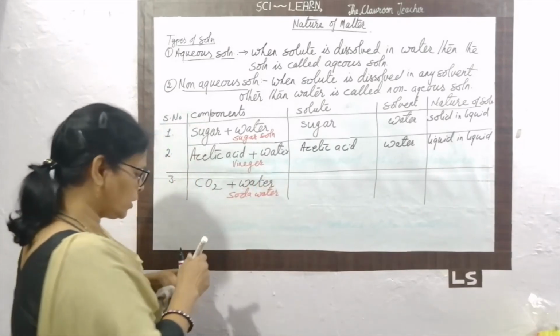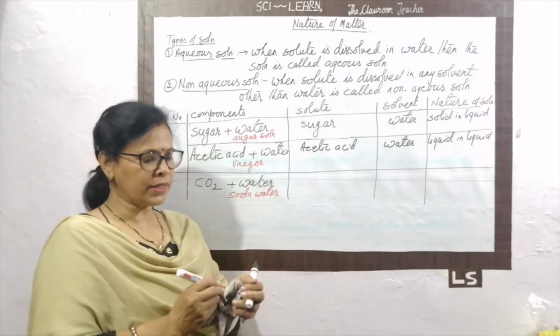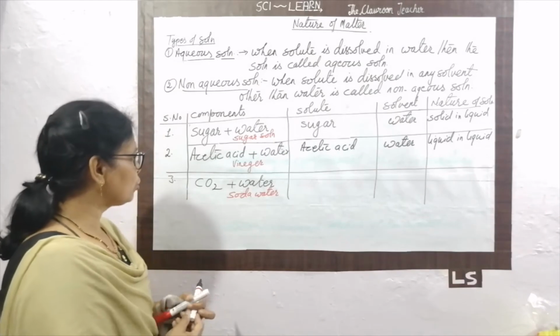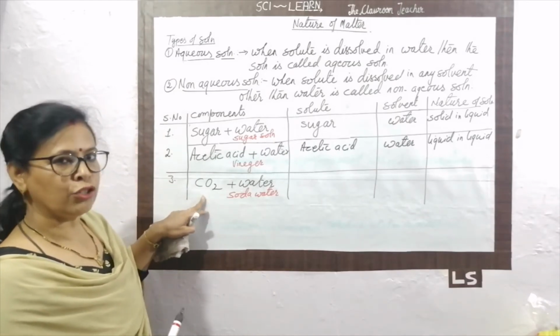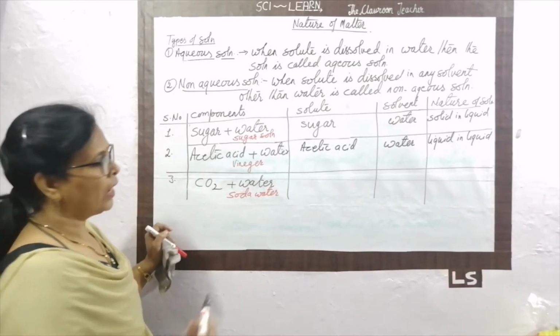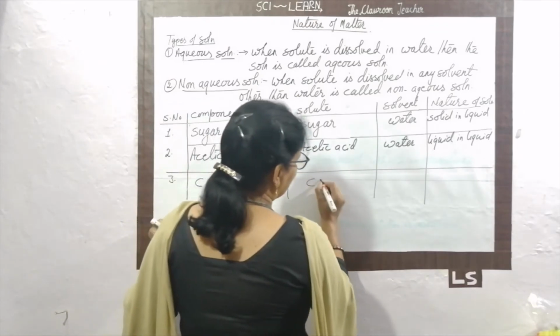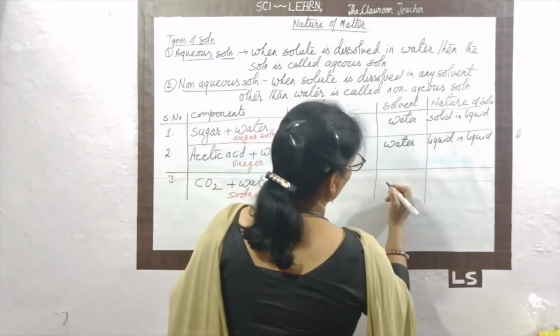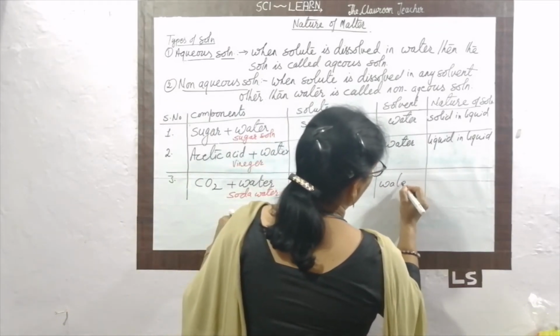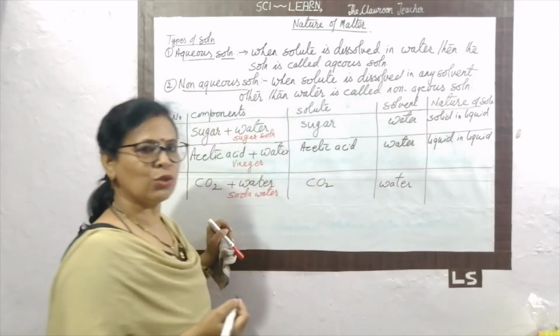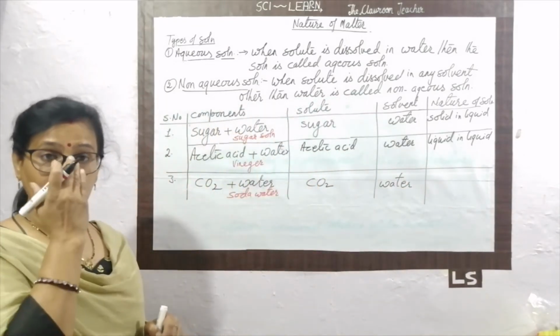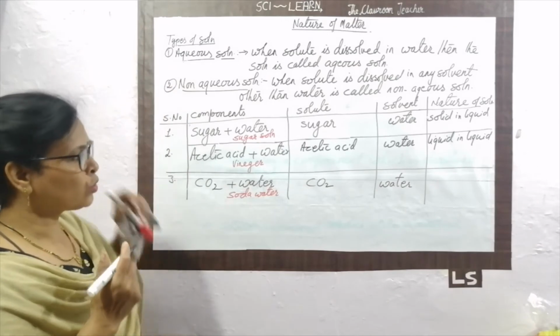Actually soda water is not sweet in taste, so sugar is absent in that solution. Carbon dioxide is always lesser in quantity, so it is the solute, and water is always larger in quantity, so it is the solvent. Again, water is here for dissolving, so it is called an aqueous solution.